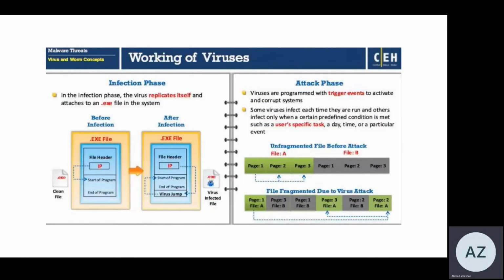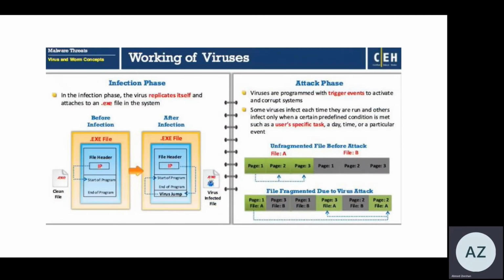So before infection, the file is a clean file, and it is actually added with the virus. Yeah, so it attaches to the .exe file of the system. So once this file is infected, then it starts with the attack phase.